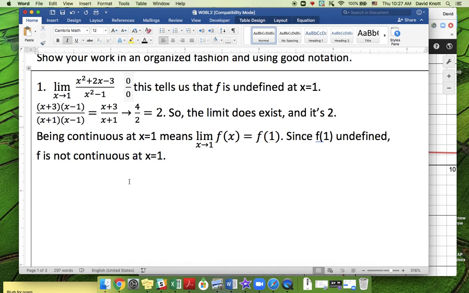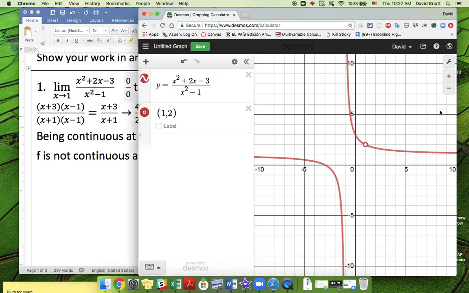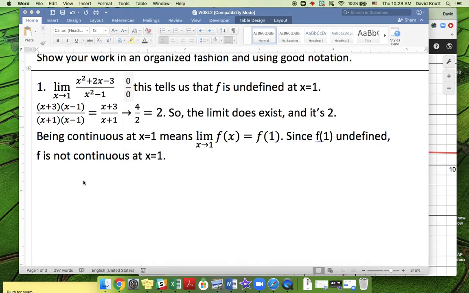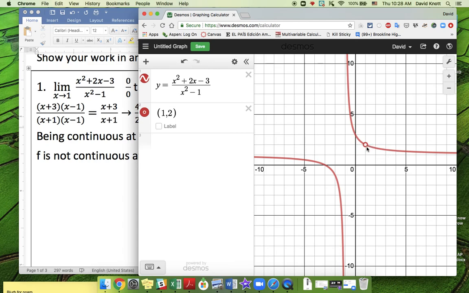At any rate, I claim that this is a hole, and I really want to make it clear why it's a hole. If we go over to the graph of the function, I have it right here. This is what it looks like. And here's what's happening at x equals 1. You can see I've put a hole there. Now, why does this picture match the information that's been given here? Well, for one thing, the function is not defined at x equals 1, which means there has to be some kind of a gap here, right?